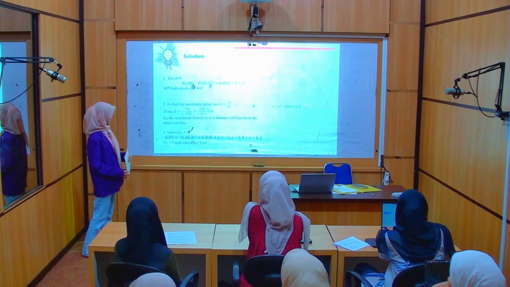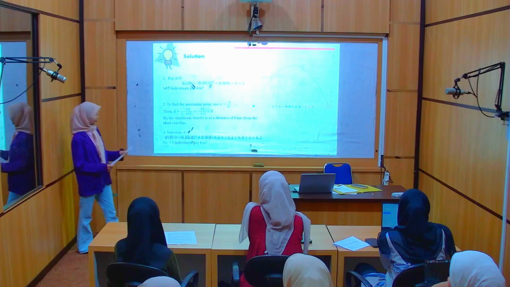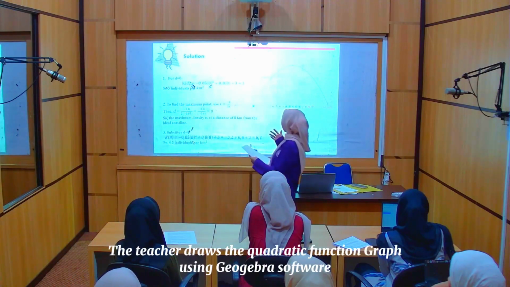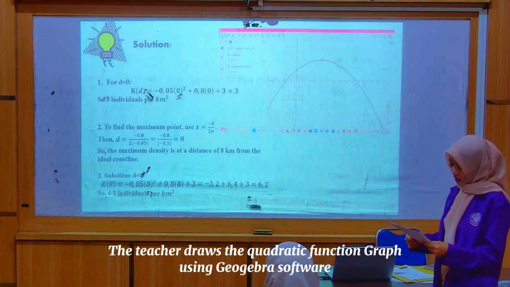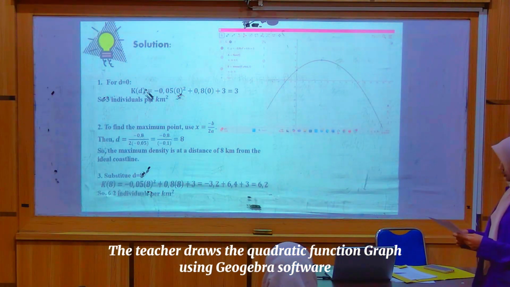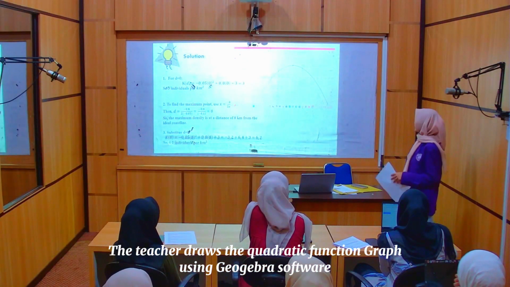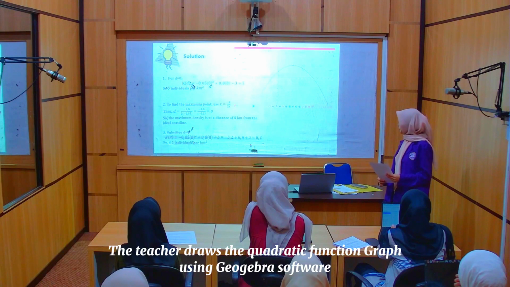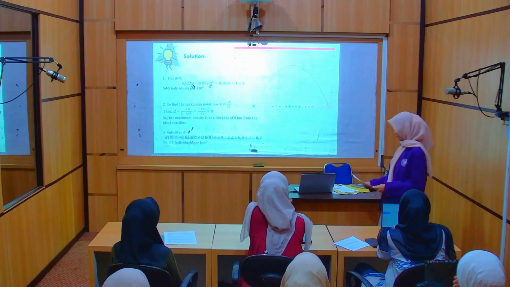So 6.2 Komodo dragon individuals per square kilometer. Okay, here's the graph of this function generated using GeoGebra, and you can see the parabolic shape opening downwards. Point A represents the maximum density, and point B represents the density at the ideal coastline. Okay.